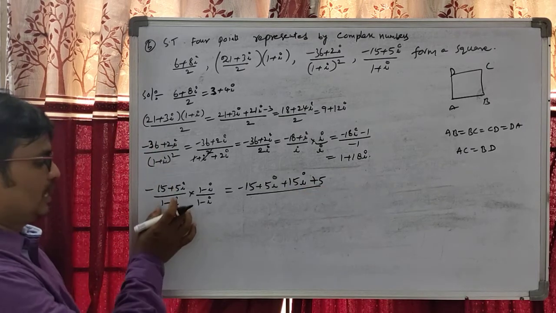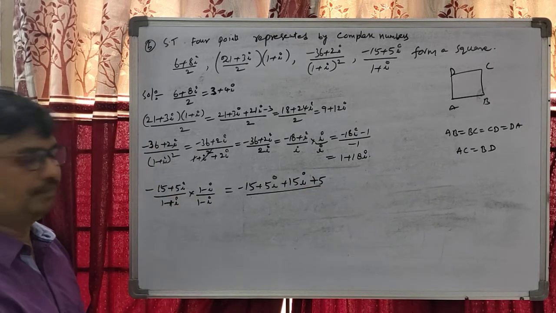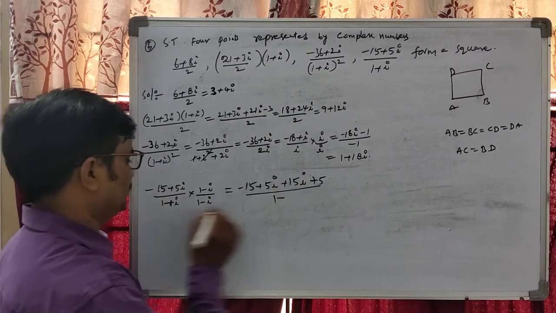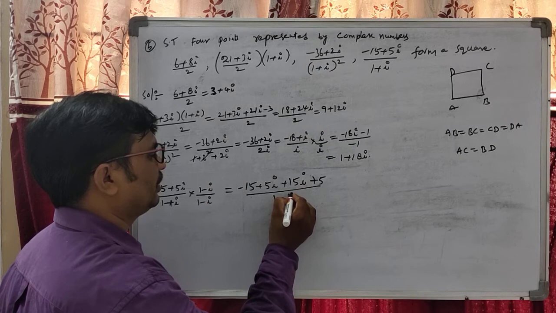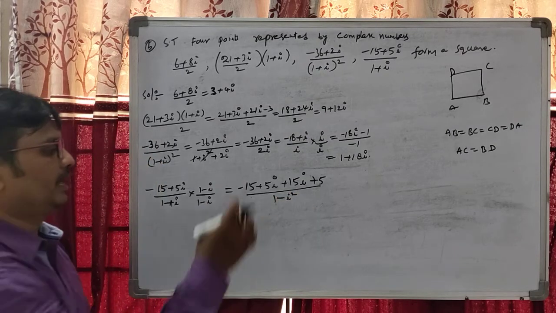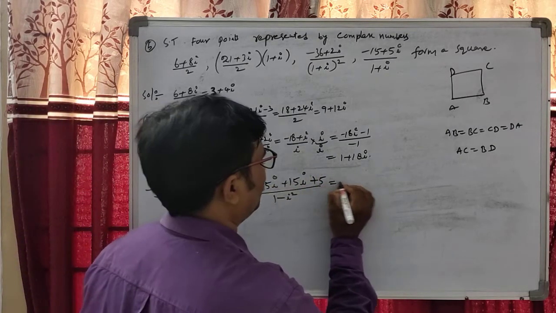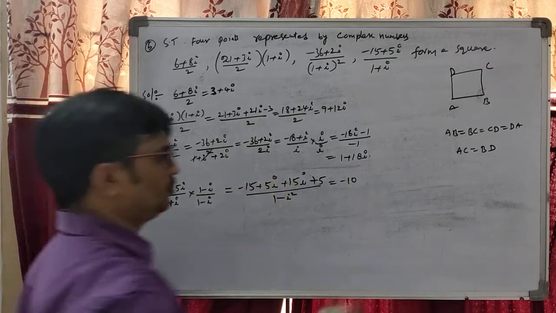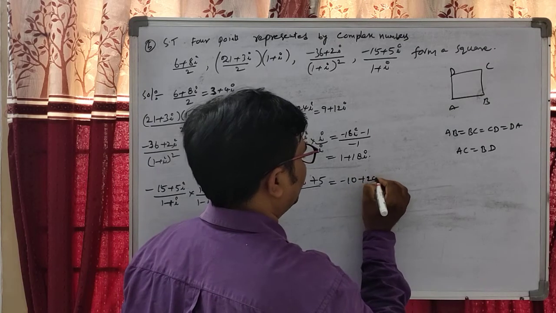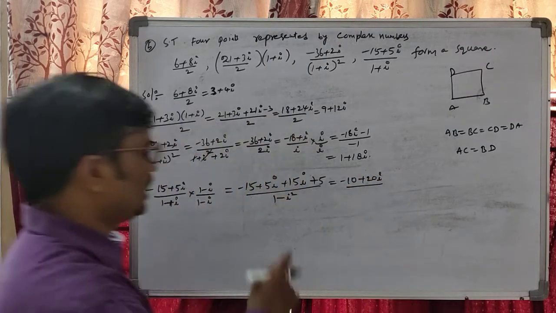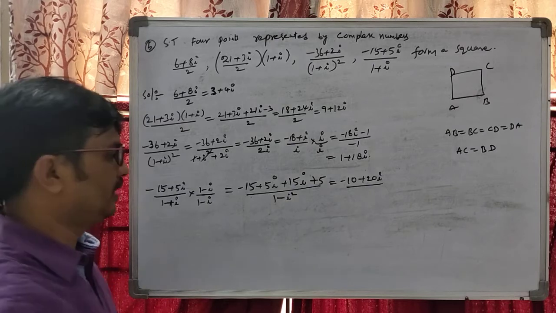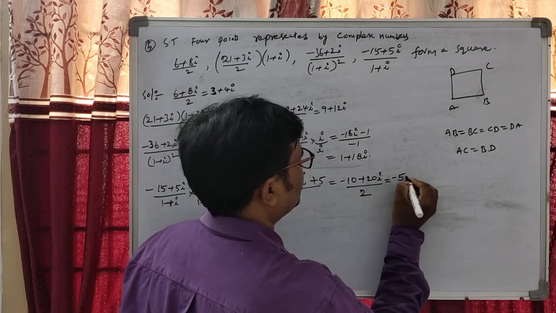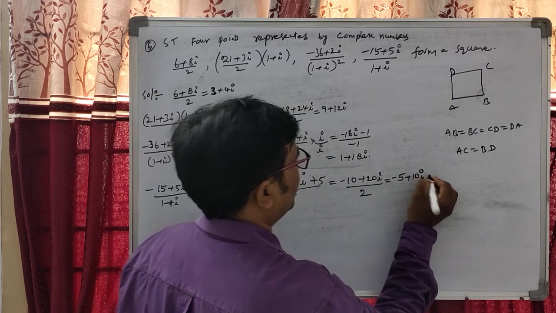The denominator is a plus b into a minus b: a square is 1, minus b square is i square. So minus 15 plus 5 is minus 10. 15i plus 5i is 20i. Then i square is minus 1, minus of minus plus 1, so this is 2. So minus 5 plus 10i.